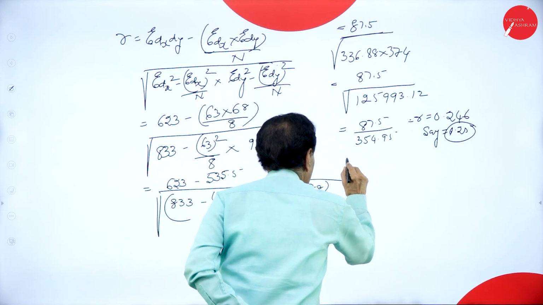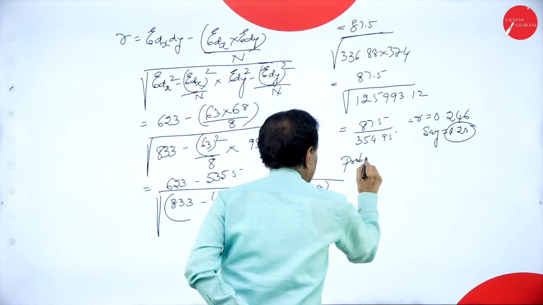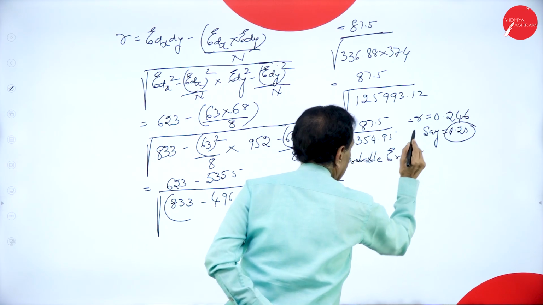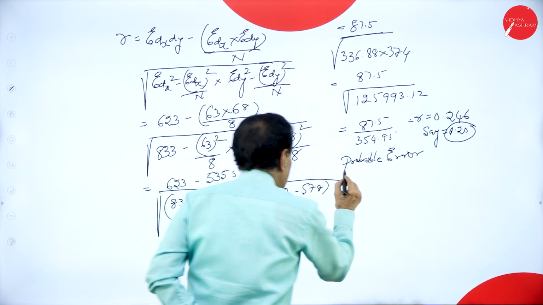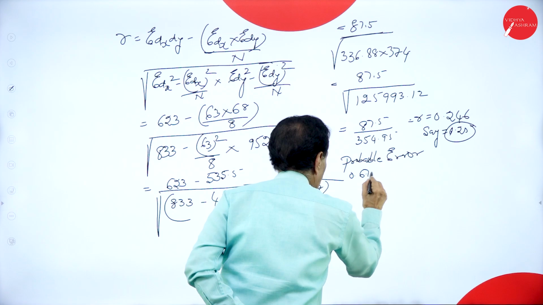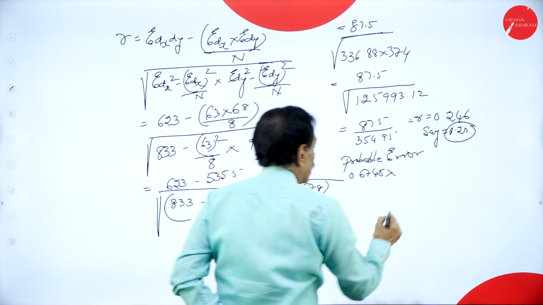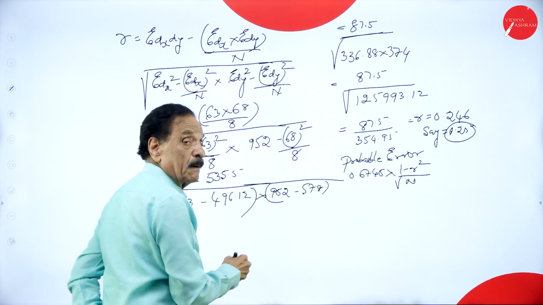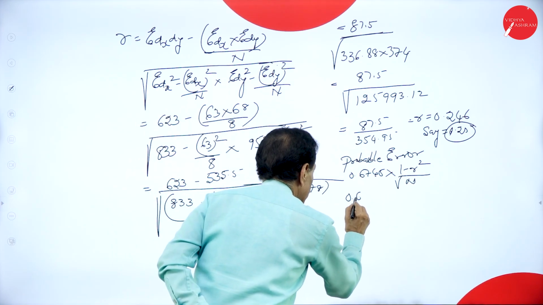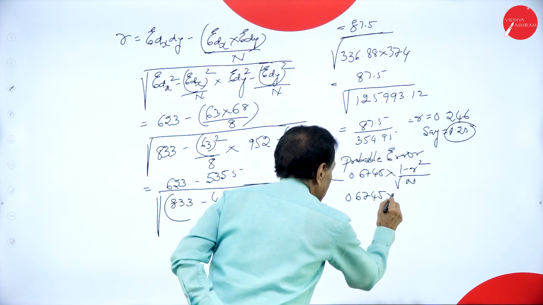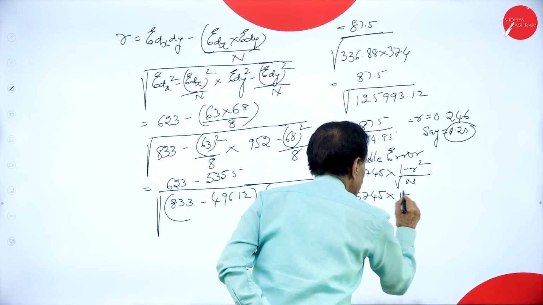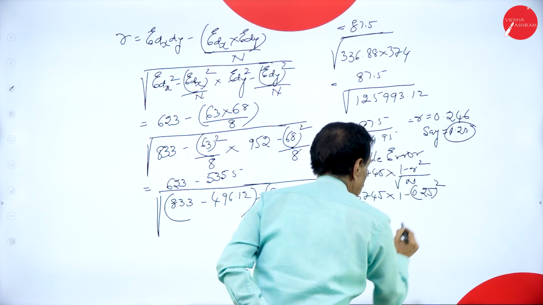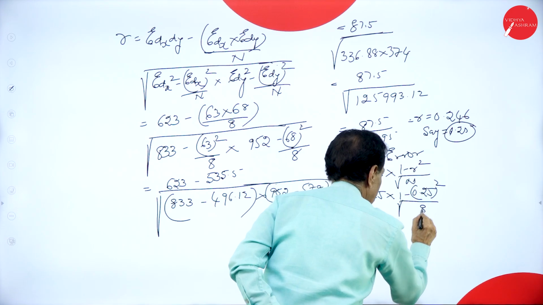Then probable error. Probable error is 0.6745 into 1 minus r square divided by root n. Apply 0.6745 into 1 minus 0.25 whole square, root of 8.